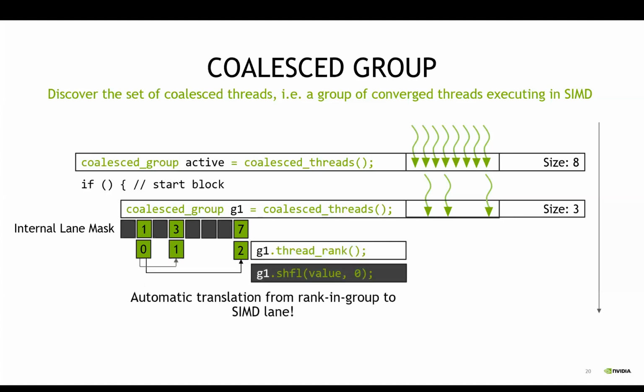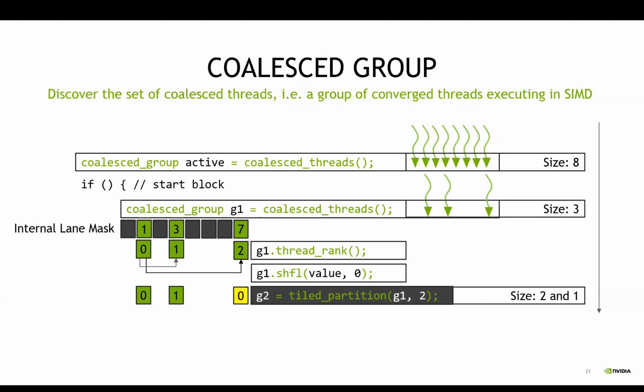When I do an operation on this group, like a shuffle operation, which is available for a coalesced group, or any other available operation, it will work just as you'd expect for a group of 3 threads numbered 0, 1, and 2, even though under the hood, the actual warp lanes that are participating are 1, 3, and 7. So there's an automatic translation from thread rank to warp lane under the hood.